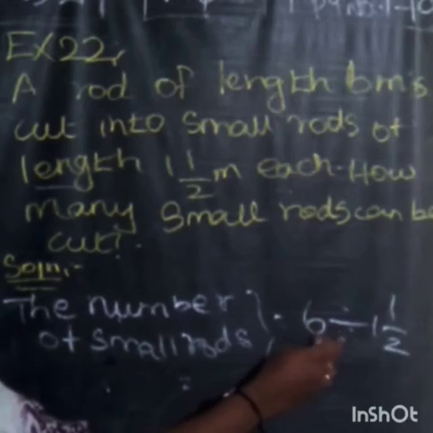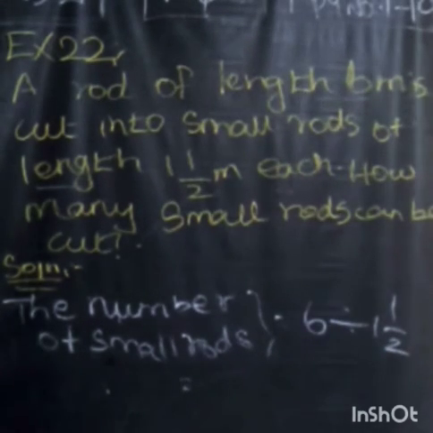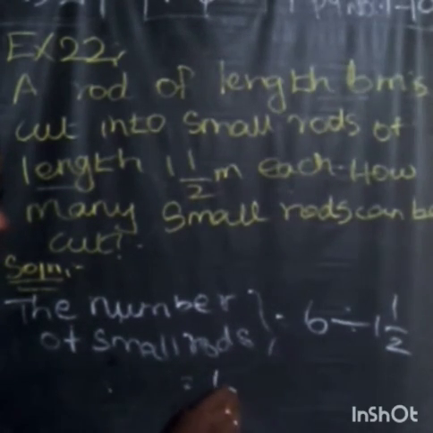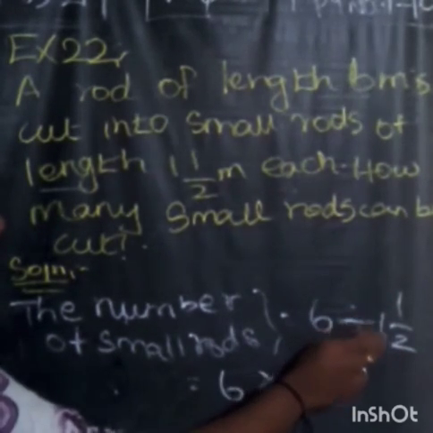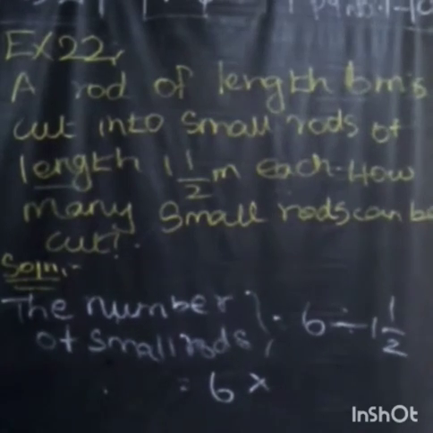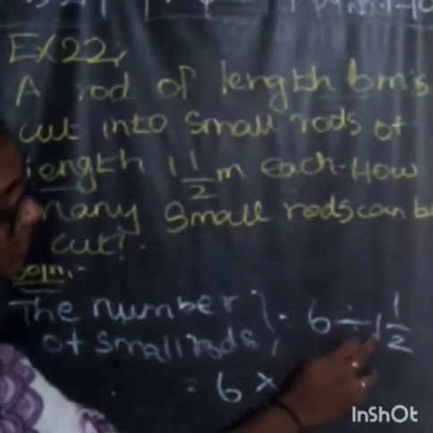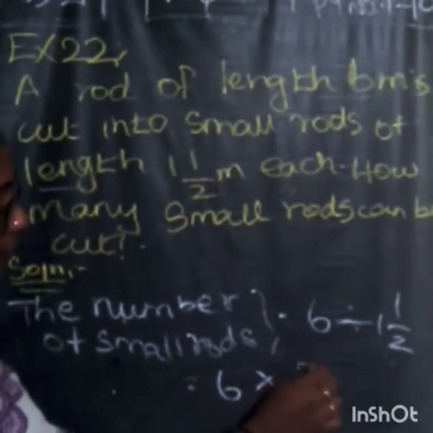First we have to take the reciprocal of the given fraction, since division becomes multiplication. We convert the mixed fraction into an improper fraction first: 1 times 2 plus 1 is 3, so 3 by 2.